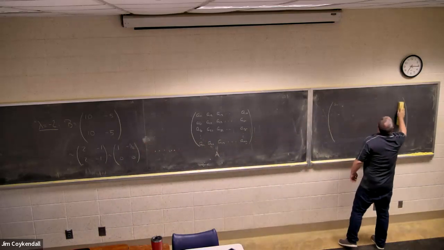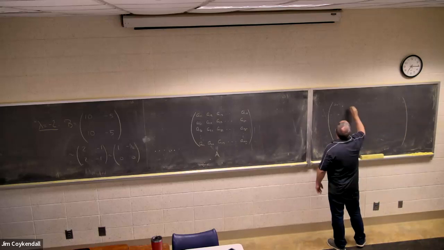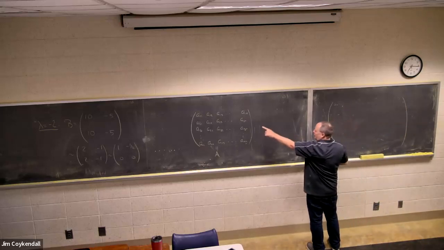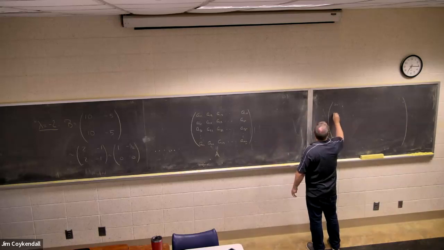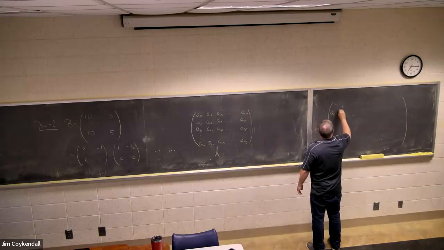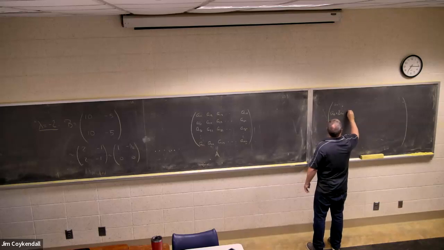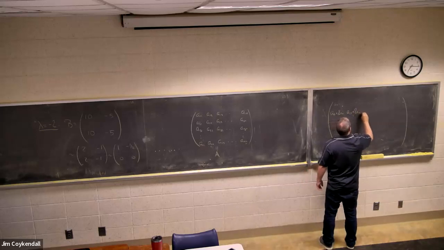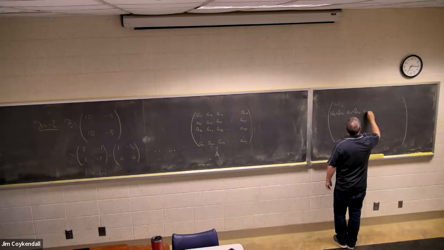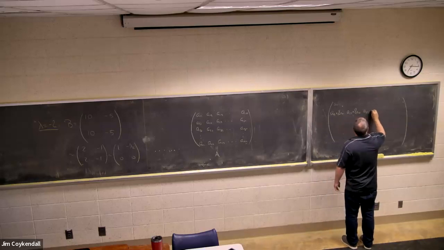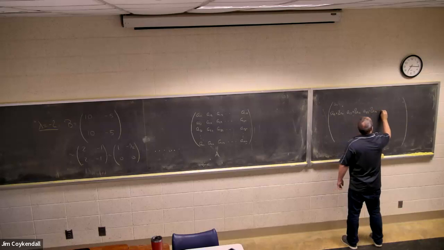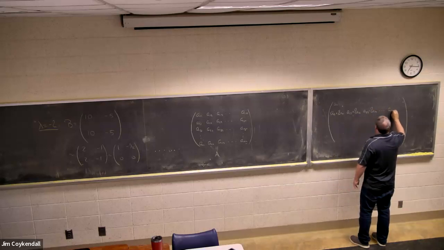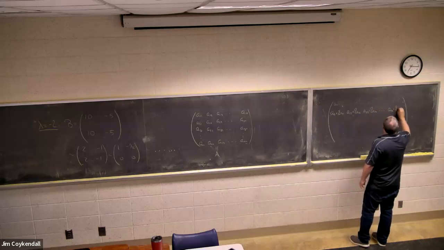So actually leave the first row alone and do that. So the second row, 2 times the first plus the second. So it's A21 plus 2A11, A22 plus 2A12, A23 plus 2A13, A2N plus 2A1N.